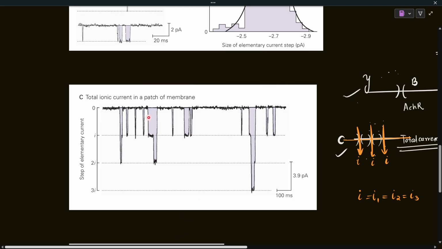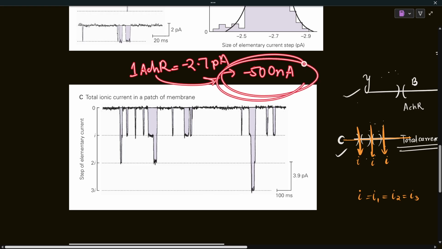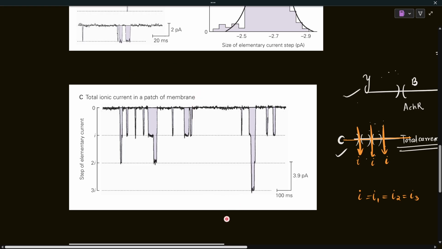There are almost 2 lakh acetylcholine receptors present on a patch of muscle fiber, and they produce minus 500 nanoampere current. A single acetylcholine receptor produces minus 2.7 picoampere, and all of them together produce minus 500 nanoampere current.